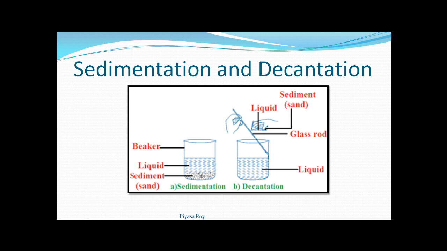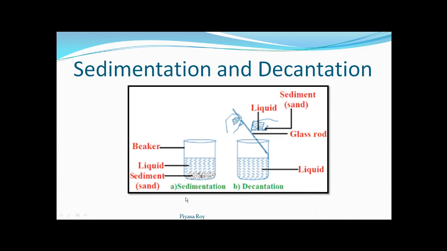sedimentation and decantation. So this process we will be using for separating, suppose, sand and water mixture or muddy water, where the solid particles are heavy in weight. So as they are heavy in weight, due to gravitational force, due to gravity, they will come down, they will settle down.